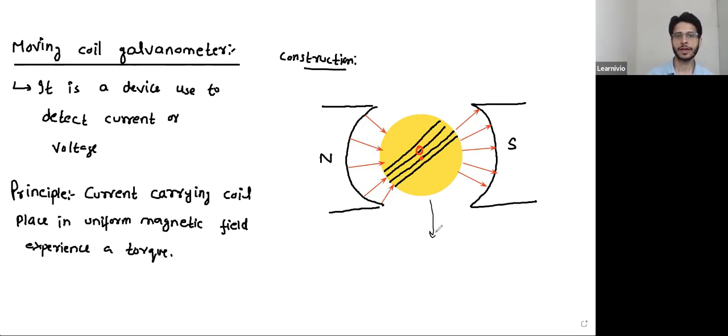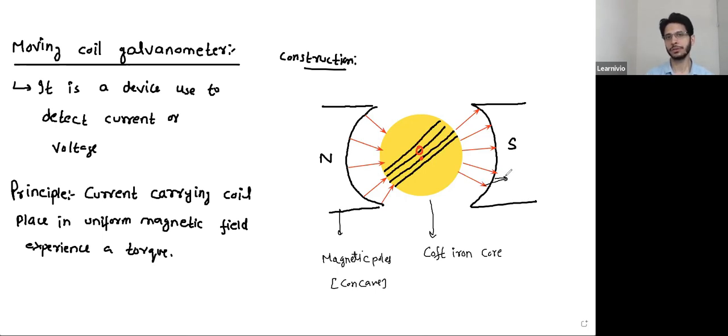So this is your soft iron core, and these magnetic pole pieces are basically concave.